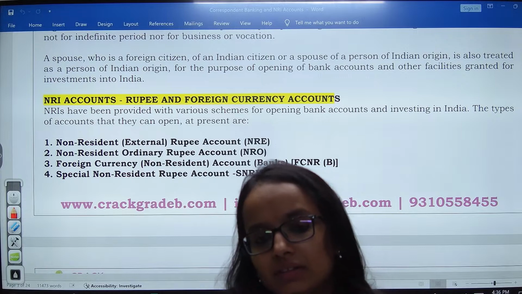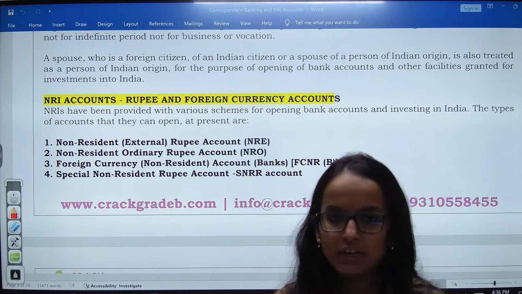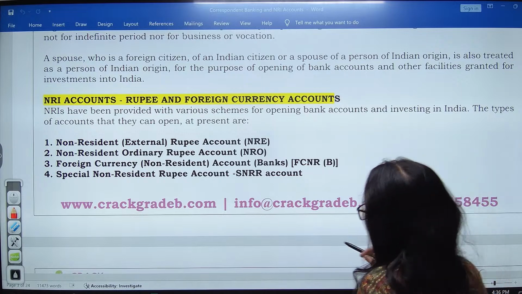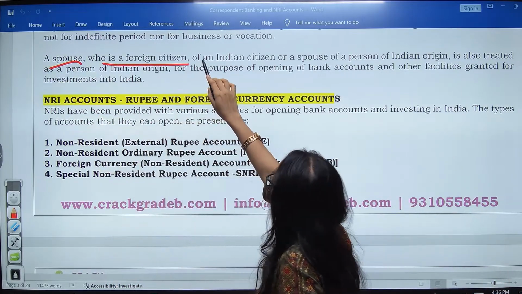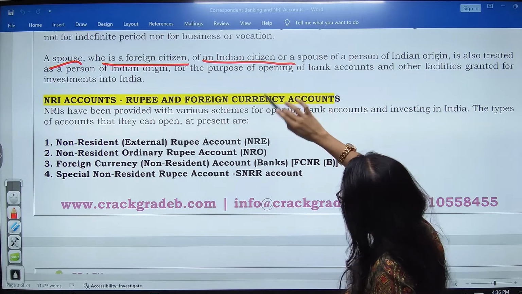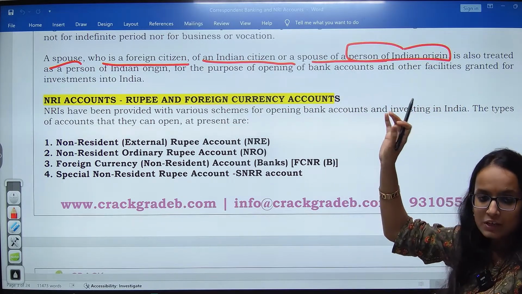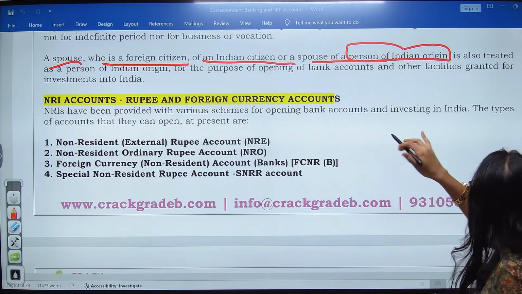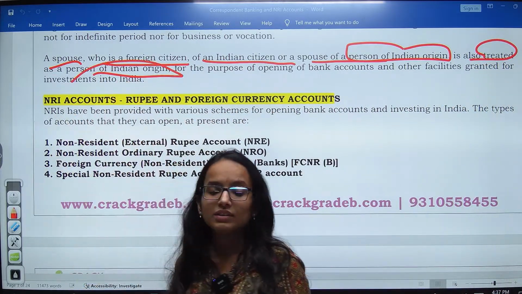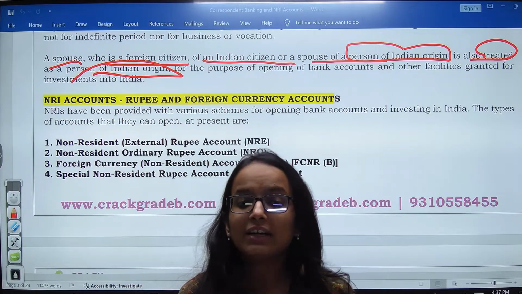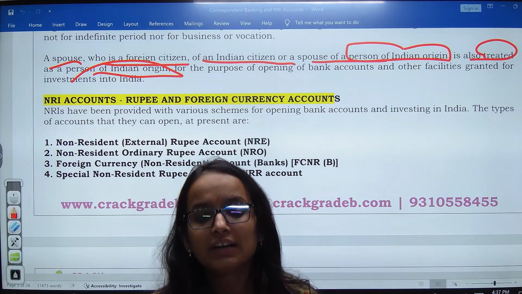If there is a spouse who is of foreign origin but married to a person of Indian origin, or a spouse of a PIO, that spouse will also be treated as a PIO, person of Indian origin.